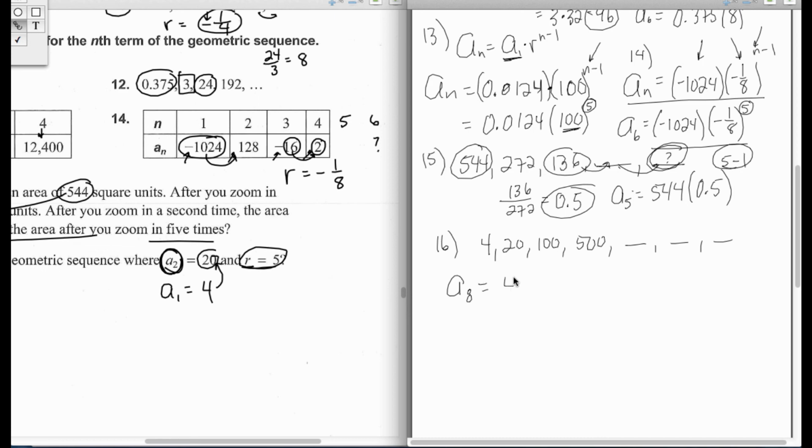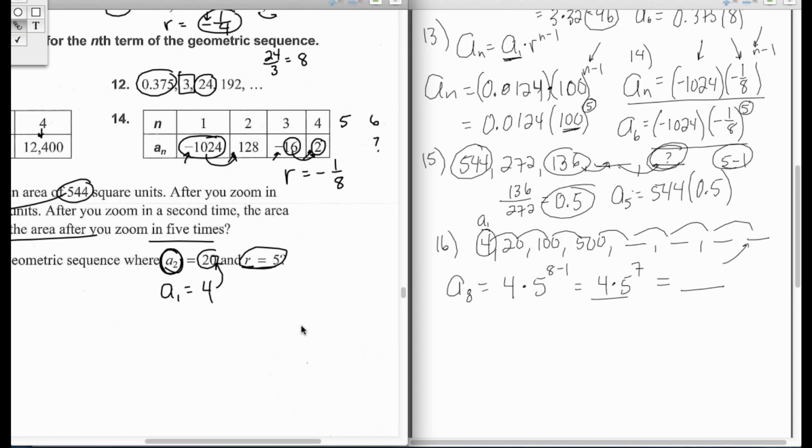To find the 8th term, a sub 8, I take the first number in the list, a sub 1, and I multiply by the common ratio raised to the, I want to find the 1, 2, 3, 4, 5, 6, 7, 8. I want to find the 8th term, so 8 minus 1. So I have to take 4 times 5 7 times. And that will give me the 8th term in my sequence.